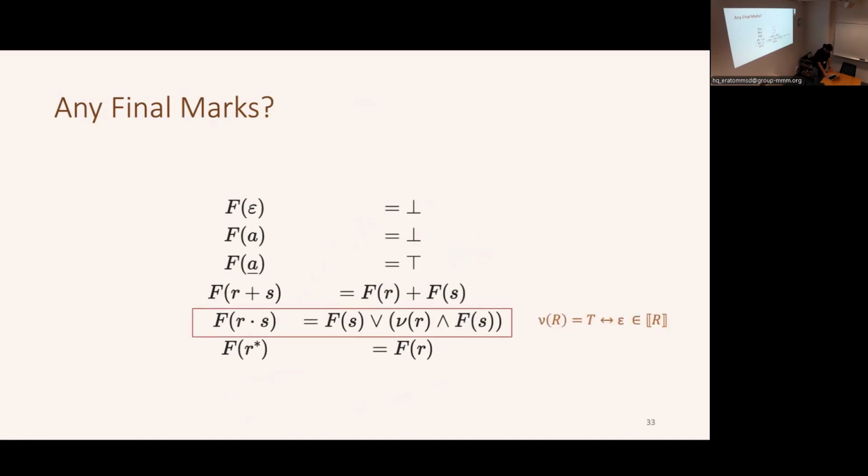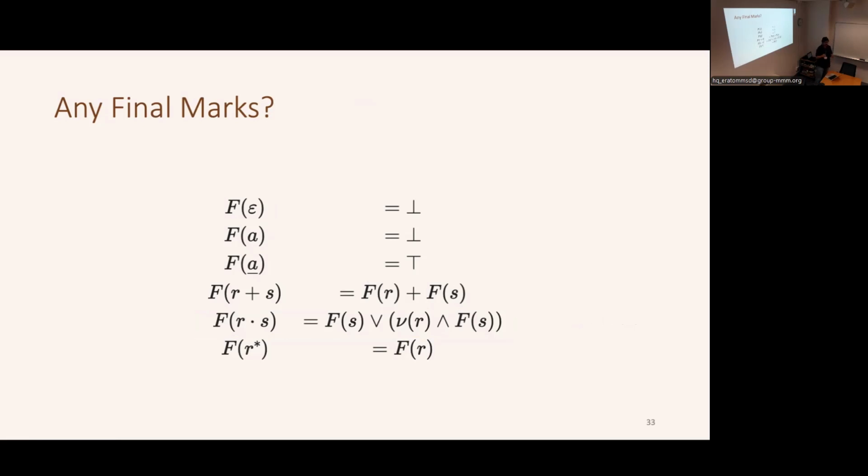Most of this is quite simple. If I have the empty string or an unmarked character, then I have no final marks at all. If I just have the character with a mark, then that indeed has a final mark. If it's union, I look into both of the branches.